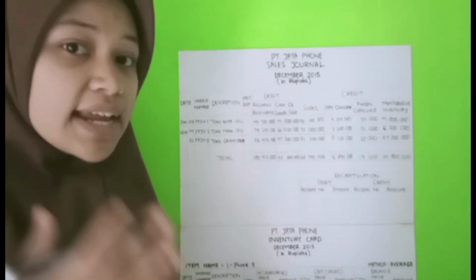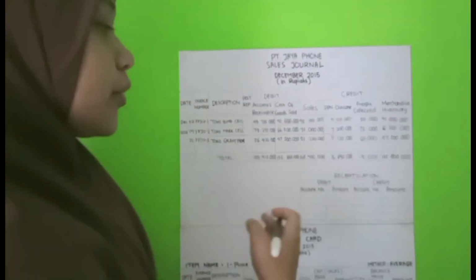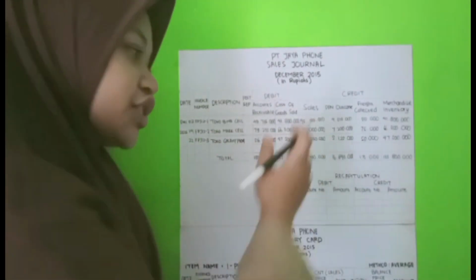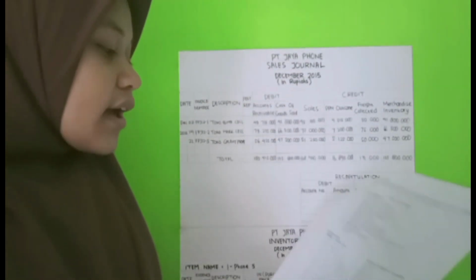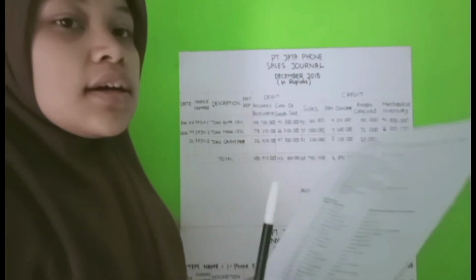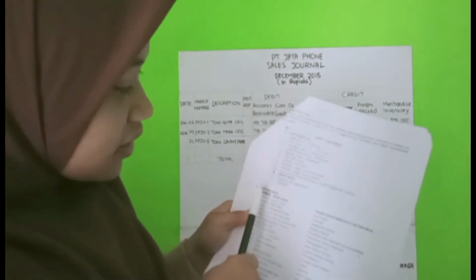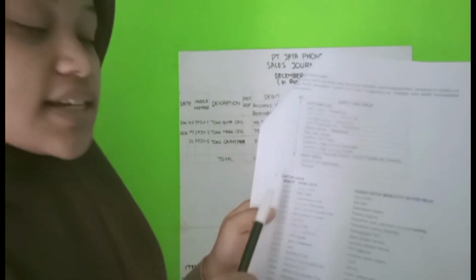Besides that, we can also use the recapitulation when posting to the general ledger, which makes it easier. Here I have the complete data of the company. This is the account list, containing the account number and account name.